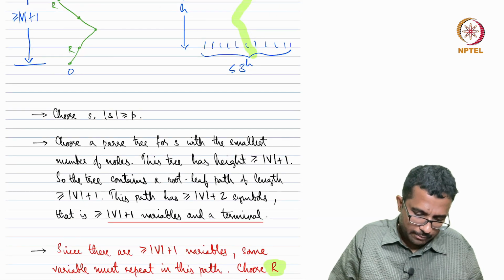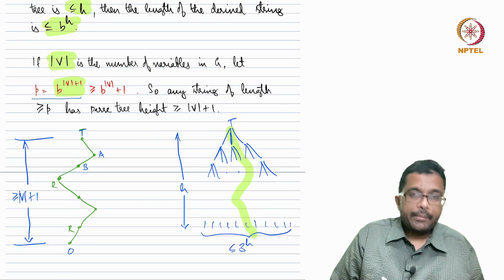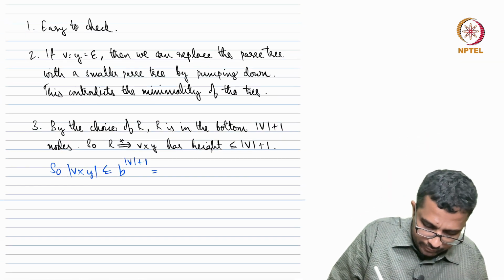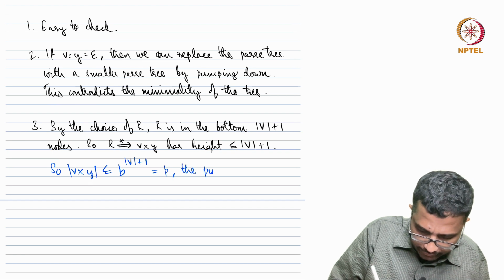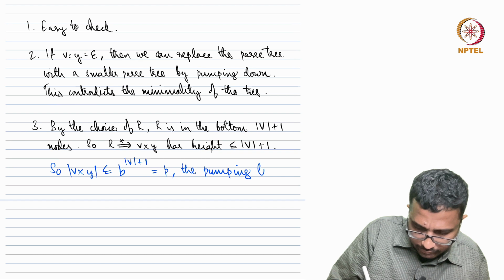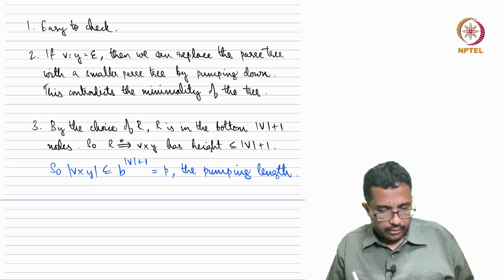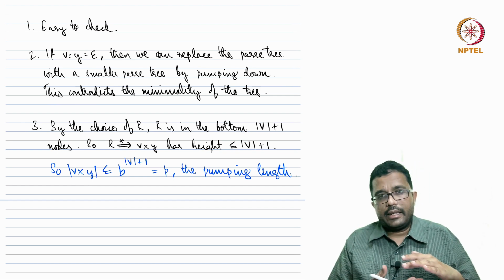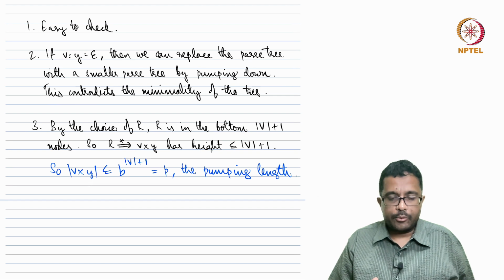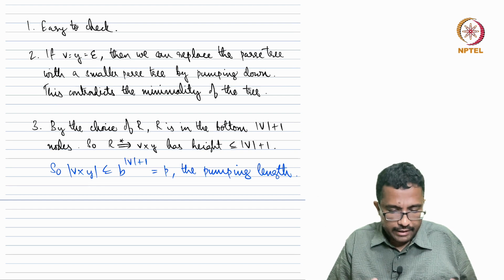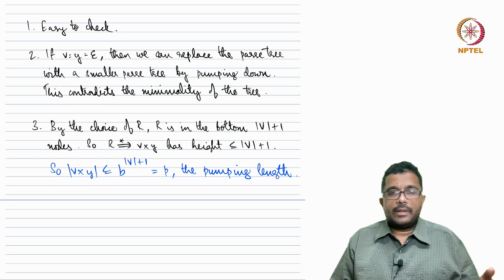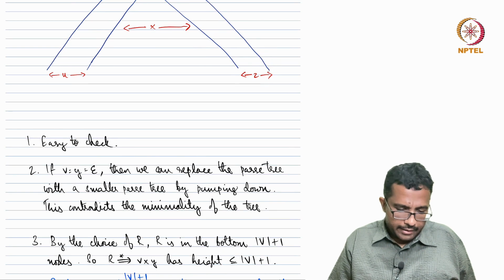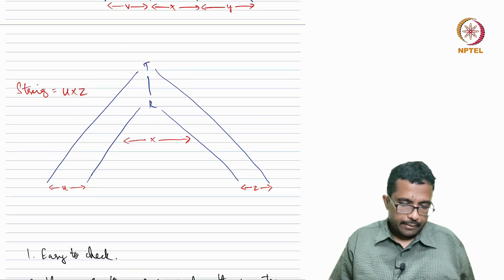It is nothing but our pumping length, so this is exactly what we want. By the choice of r, we know that r is in the bottom v plus 1 nodes, and hence vxy has height at most v plus 1, and hence vxy is of length at most b power v plus 1, which is the pumping length. So that completes the proof of the pumping lemma.